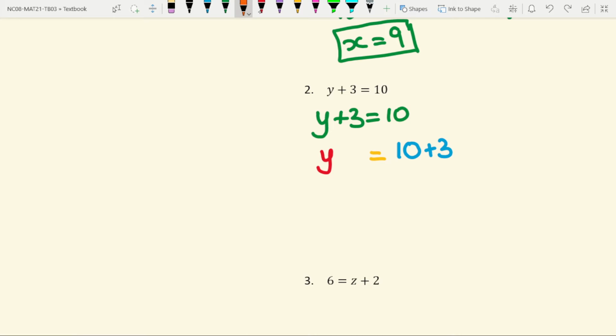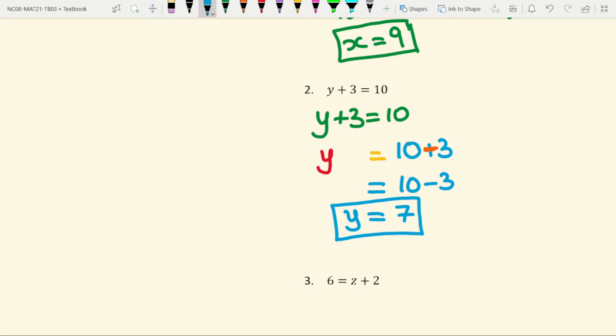The symbol is changed to minus. Now let us solve. 10 minus 3 is nothing but 7. So y is equal to 7 is our final answer to this question.